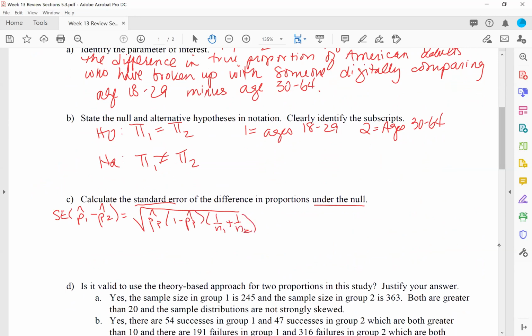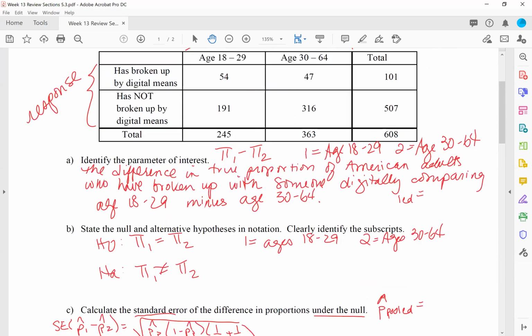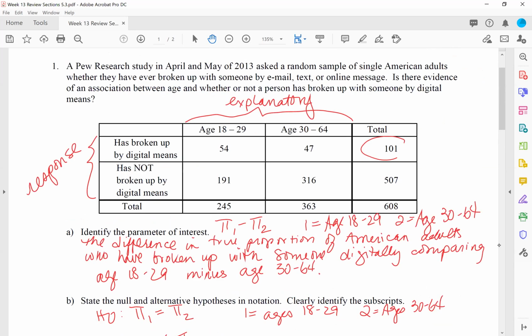So we'll need to find out what that p hat pooled represents for this study. So p hat pooled, we're going to go back up and take all of the people who have broken up with someone by digital means, so 101 divided by our total sample size of 608.